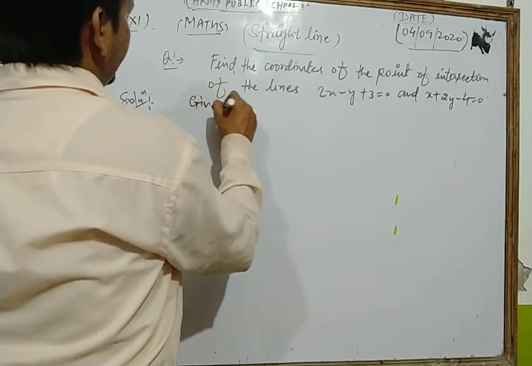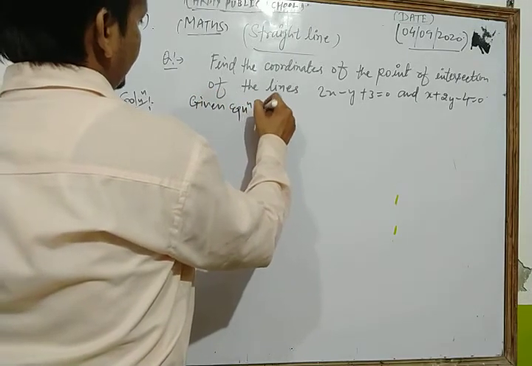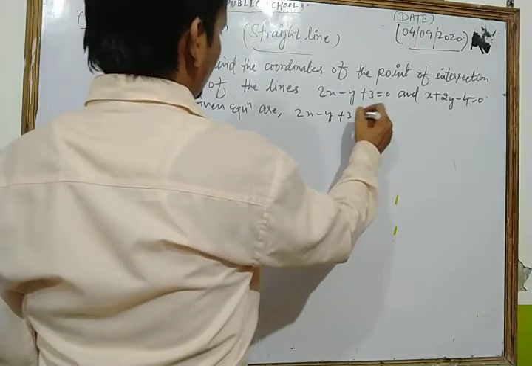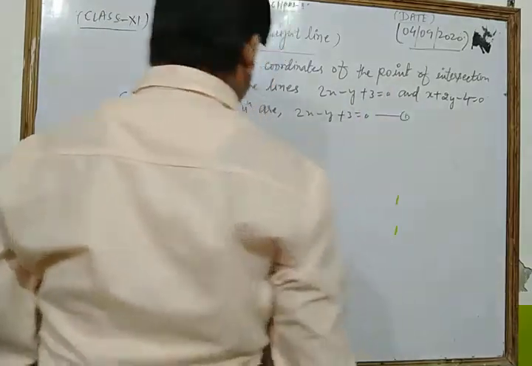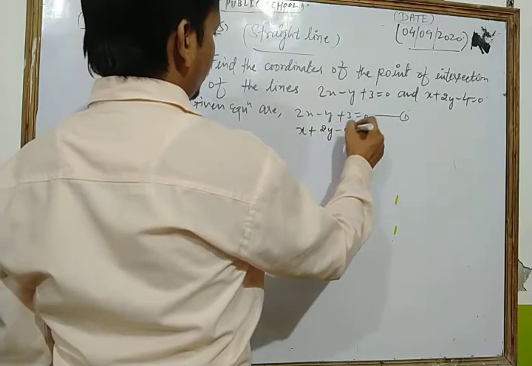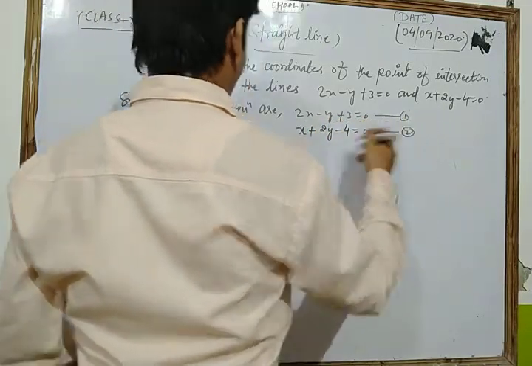First of all, you write the given equations: 2x minus y plus 3 is equal to 0, take it as equation number 1. And the second one, x plus 2y minus 4 is equal to 0, take it as equation number 2.